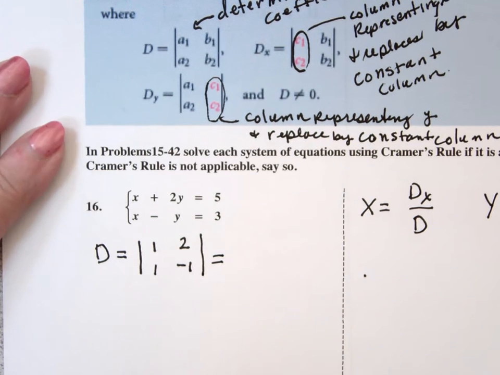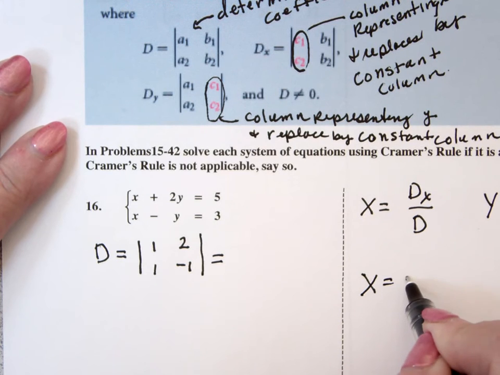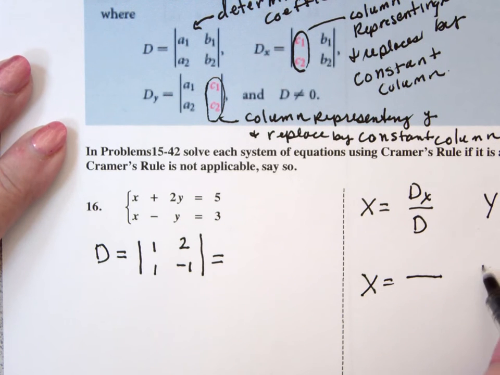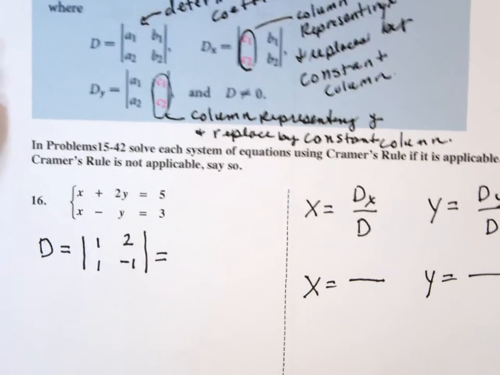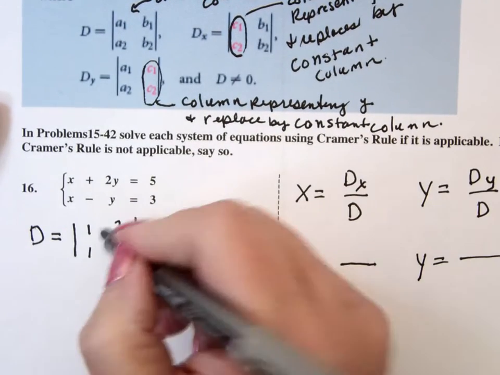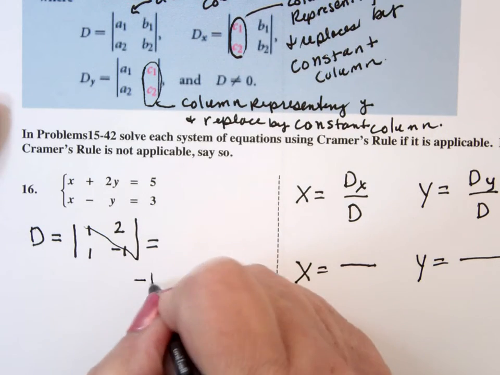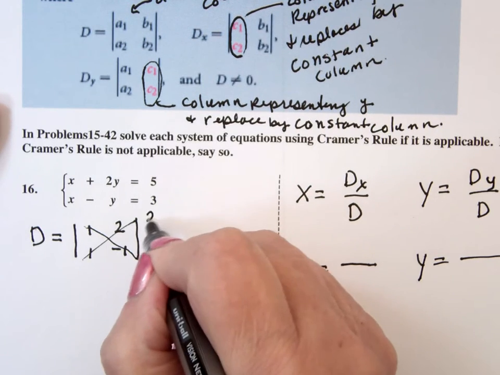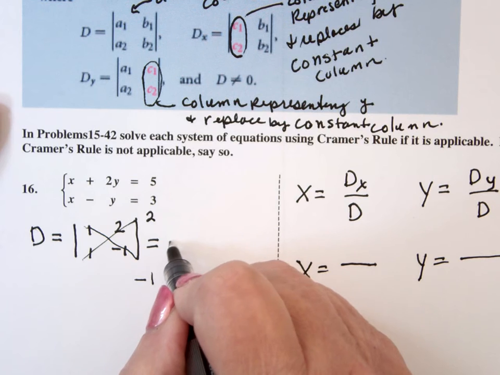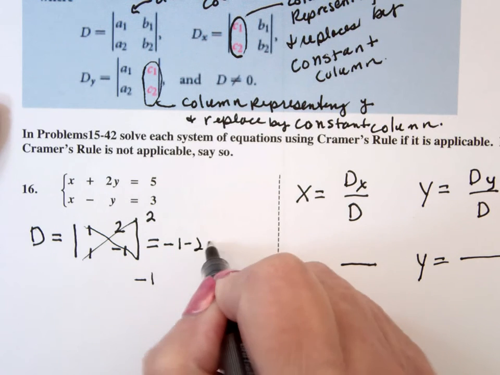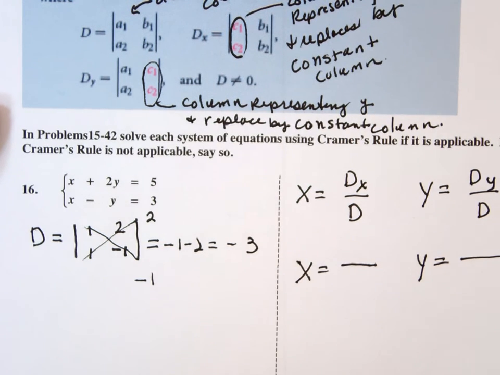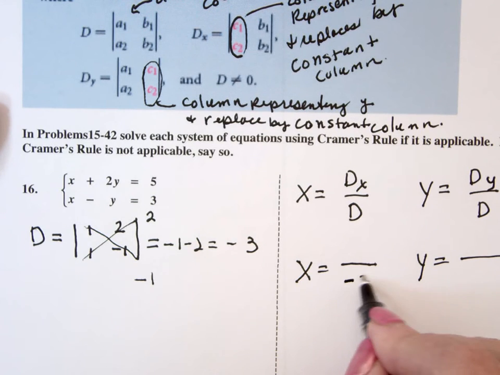That gives me now the denominator for my answer. So down is negative 1, up is positive 2, and then down minus up, negative 1 minus 2 is negative 3. So that says this guy is negative 3.